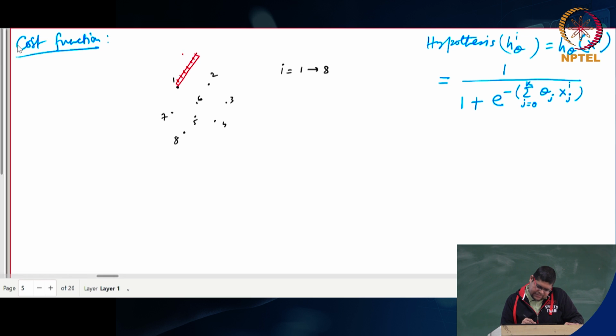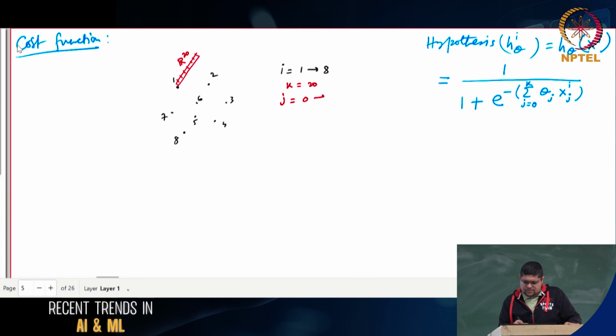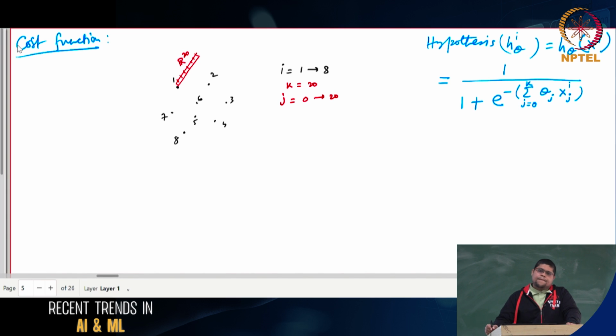Each sample is denoted by R to the power 20. That k, remember, k equal to 20. So j is varying over this. Okay. Clear?